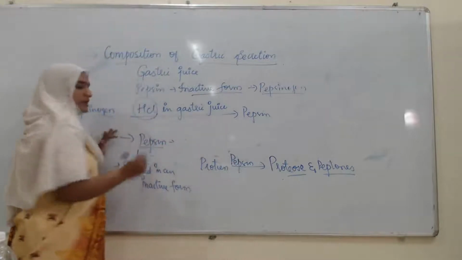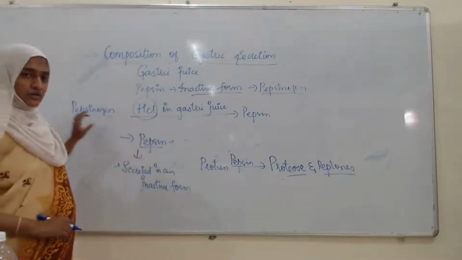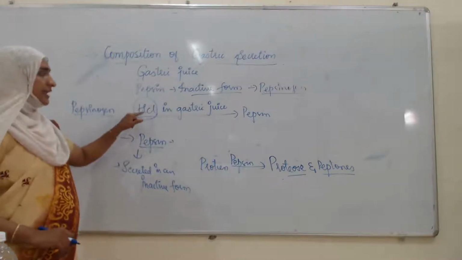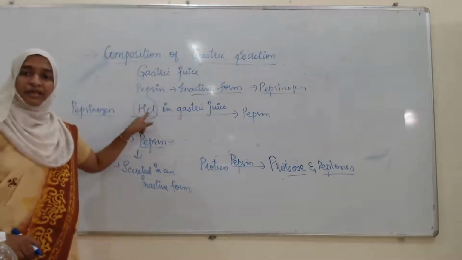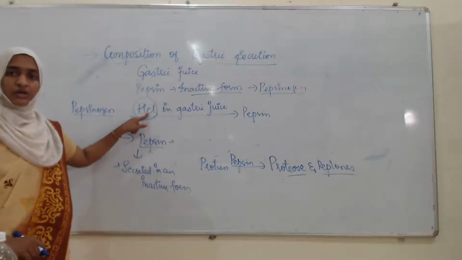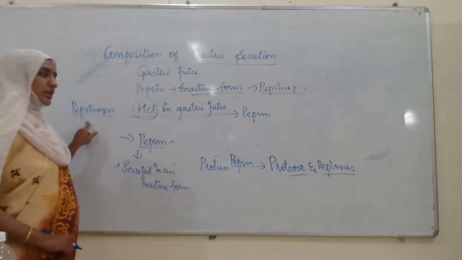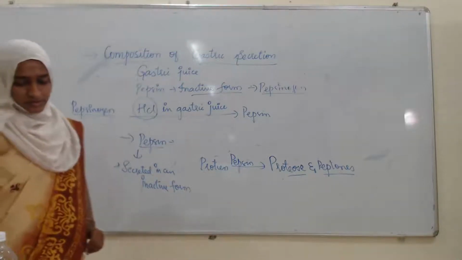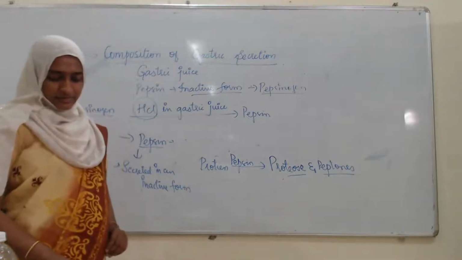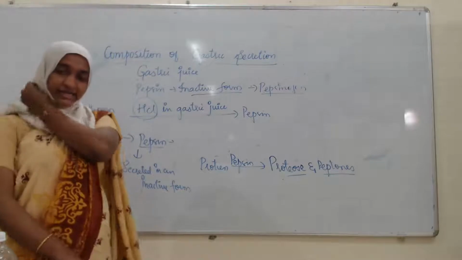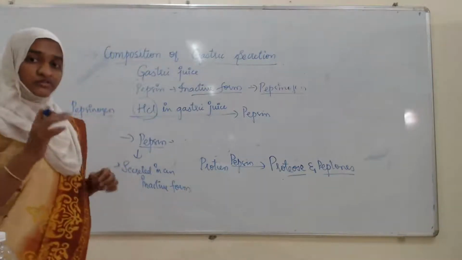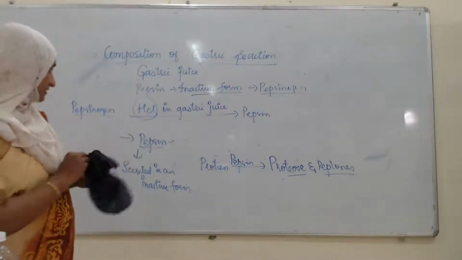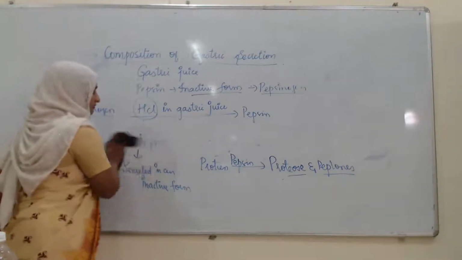What converts the inactivated form to the activated form? That is HCl, which is already present in the gastric juice. It is the hydrogen ion in the HCl that activates the pepsinogen. So see here.